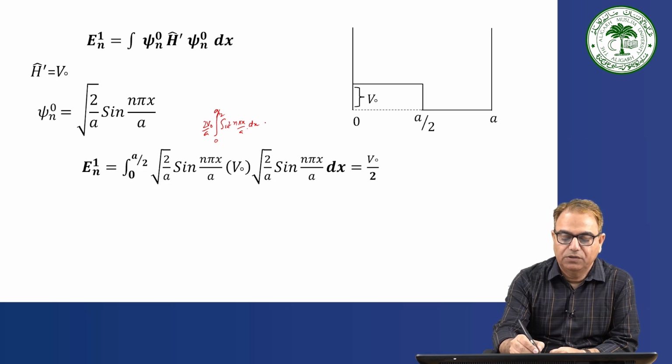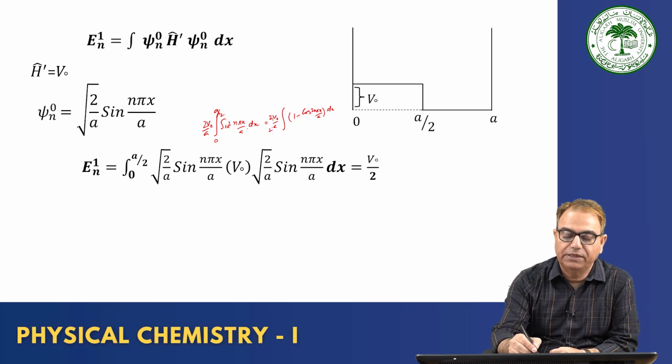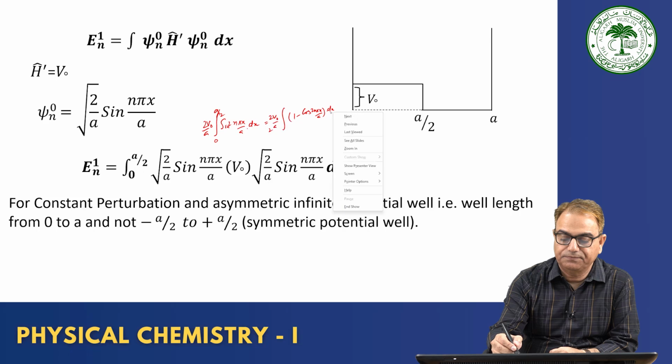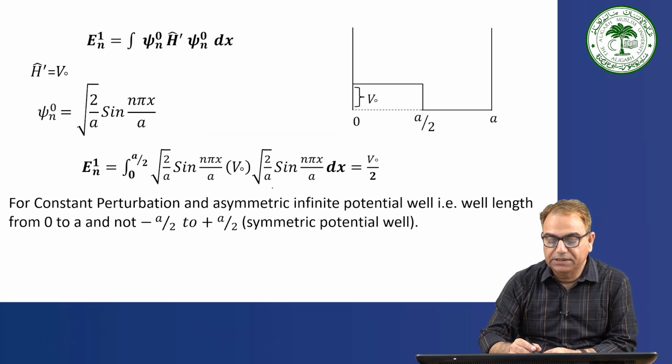So this integral you can write as 2 V naught divided by a, and then the integral of 1 minus cos 2n pi x divided by a into dx, divided by 2, and so on. This is already done there, so I will omit it. You practice it yourself.